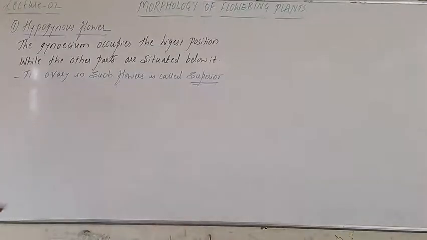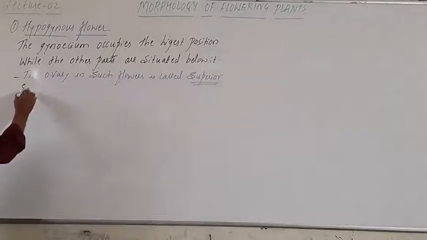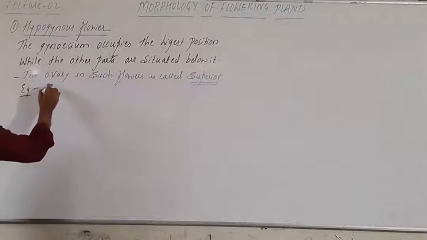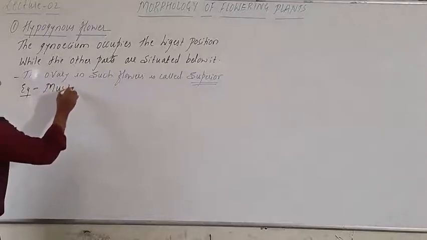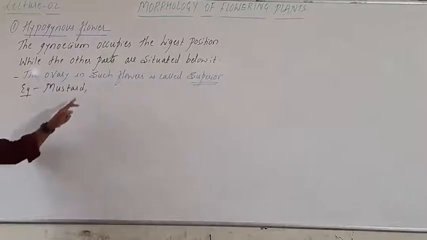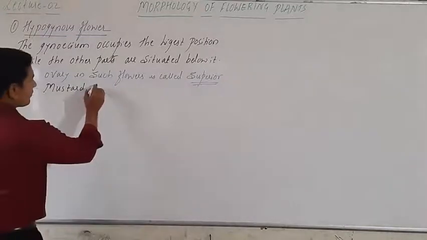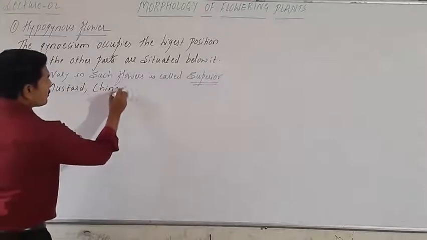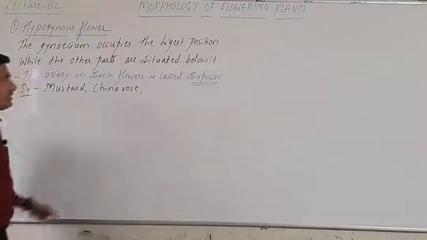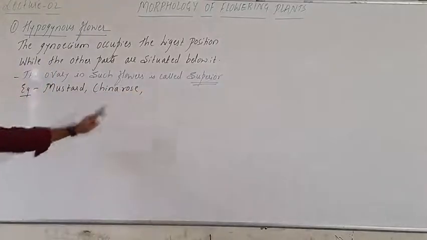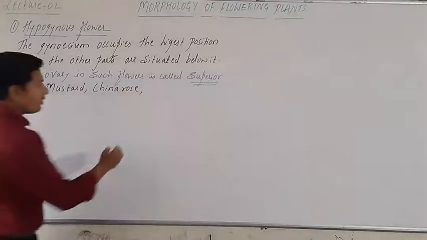So here we observe it in plants, like, let's go to the example. It is observed in plants like mustard. Okay, in the mustard plant we have a superior ovary, China rose, hibiscus ಅಂತ ಕರಿತೀವಿ. Then along with that we have brinjal.